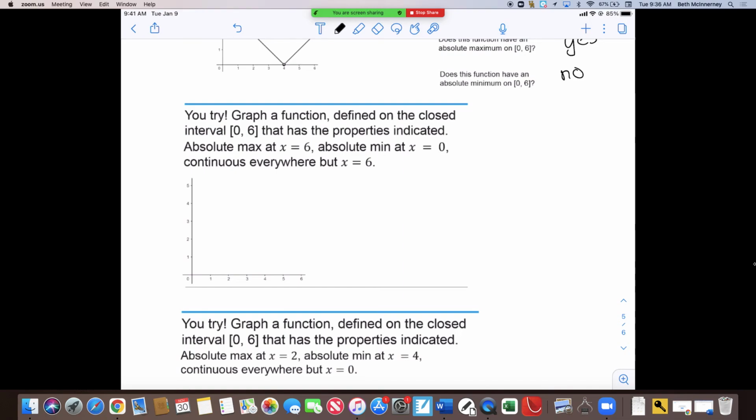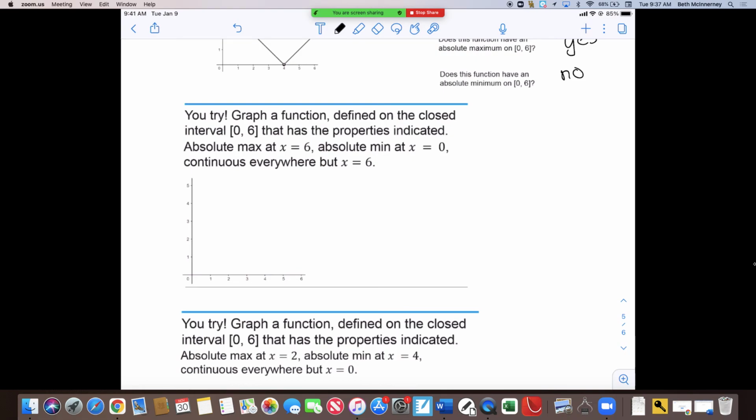All right, so Skylar's going to put one up for us. As I'm walking around, a lot of you have the same thing. So you have, it's continuous everywhere but at x is 6. So that one's closed and the other one's open. All right, so the absolute max is at x is 6.